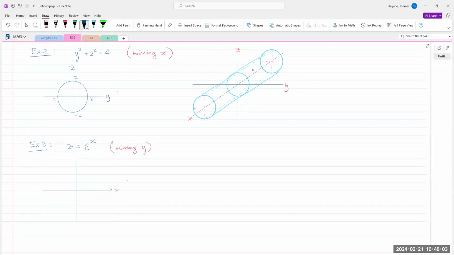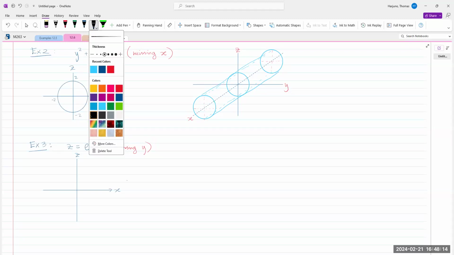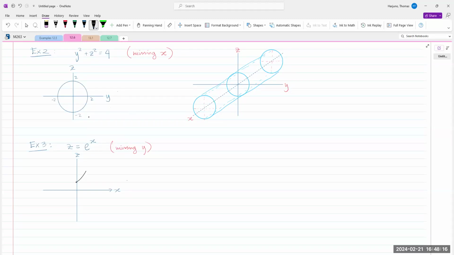Let's say this is x, this is z. Now e to the x, if we sketch that, will look approximately like this. Now the thing is we will copy this along the y-axis.